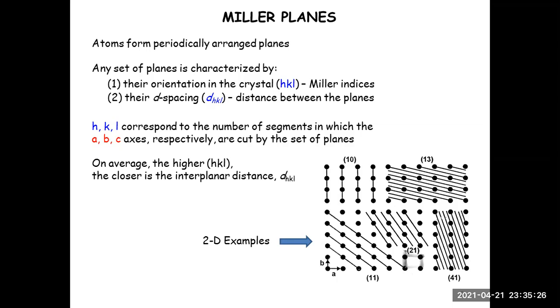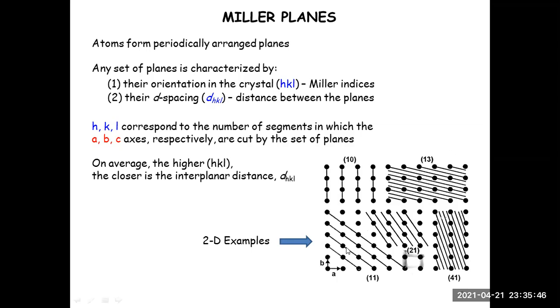The intercepts on x, y, and z we call A, B, C, and these are the intercepts of the plane, given by A, comma B, comma C. This is a two-dimensional example.